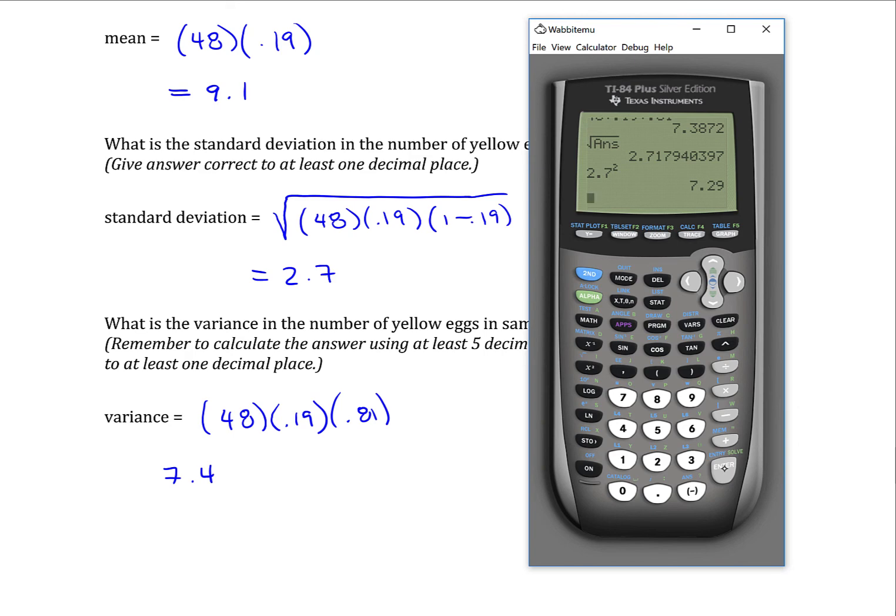So if you do something like that, try not to round your value off. And that's what it's saying here. Calculate the answer using at least 5 decimals. So if you did 2.71794, so there's 5 decimals, and you square that, then you'll end up rounding to the correct number of decimals. So the same answer, 7.4.